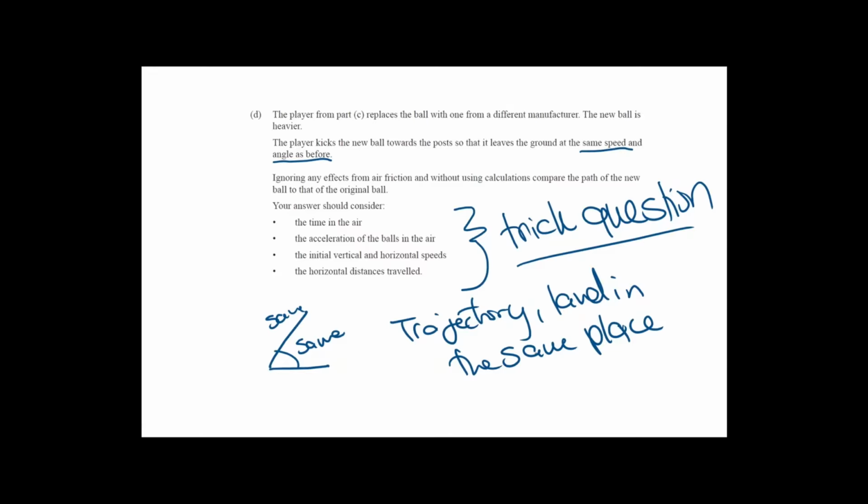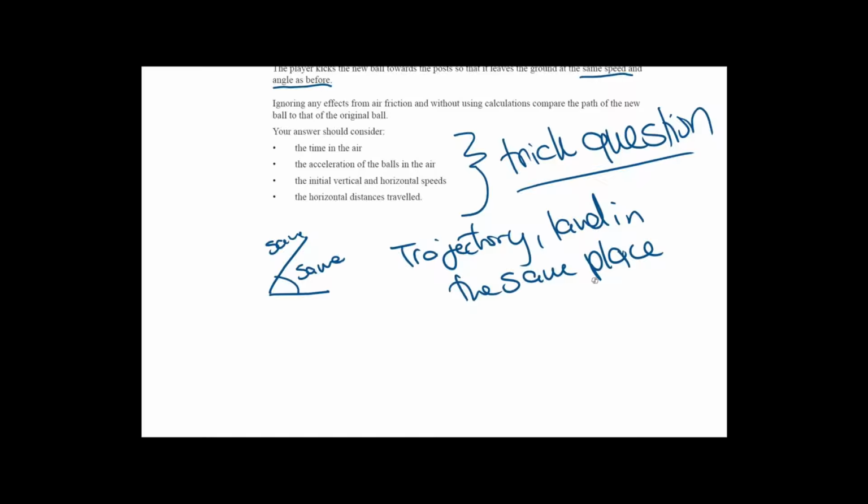So it will have the same trajectory and land in the same place. Maybe you would have had to hit it with a greater force in order to get the same velocity, but once it's got that velocity and after it's left your foot, it's going to move in exactly the same way.